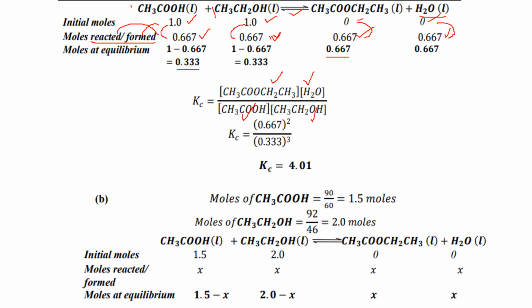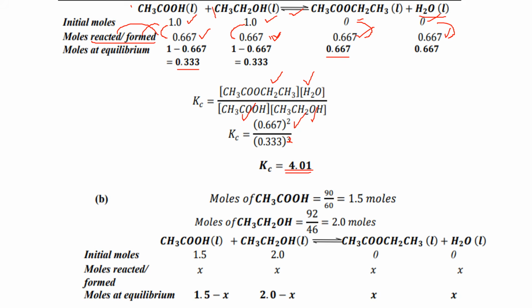When substituting, you bring curved brackets, you don't bring back square brackets. You find that they have the same values, that's why this one is squared. And here you are going to have 0.33 squared, because they also have the same values. Sorry, I said cubed earlier, but it was supposed to be squared. When you put everything in the calculator, you end up with 4.01 as your value of the equilibrium constant. So let's look at part B.